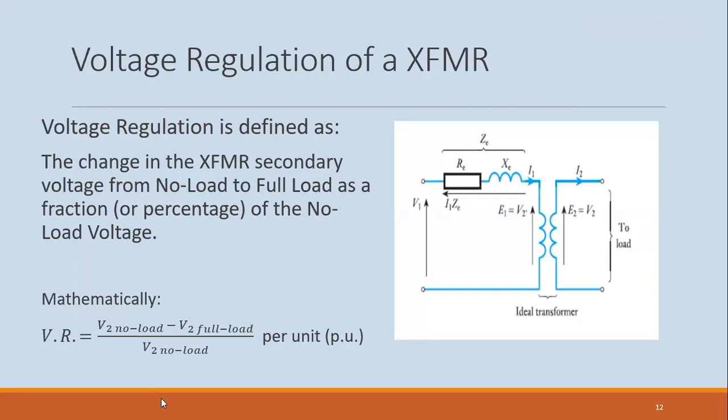So we're coming to the voltage regulation of the transformer. All right. And the voltage regulation basically means that when I put a load on the transformer, the voltage will change, right?